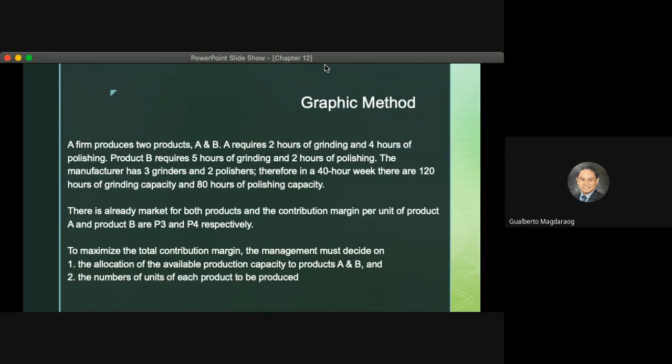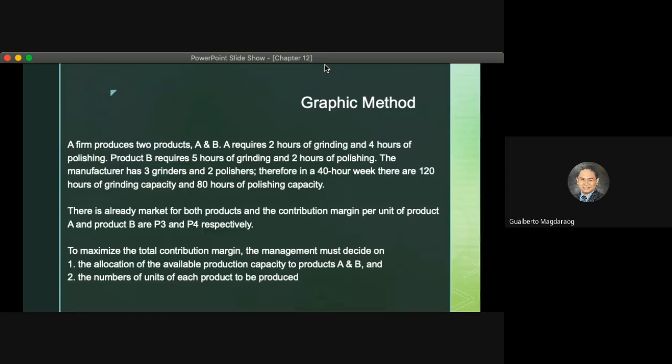Imposible po na humigit siya dun sa capacity ng 120 and 80. So we are trying to find out the number of units within that limit of 120 and 80 hours for grinders and polishers. And also, aside from that, we need to determine the number of units that will give us the maximum profit or the maximum contribution margin. Okay? Provided we were able to follow yung limit niya na 120 and 80. So maximize the capacity and maximum profit also.